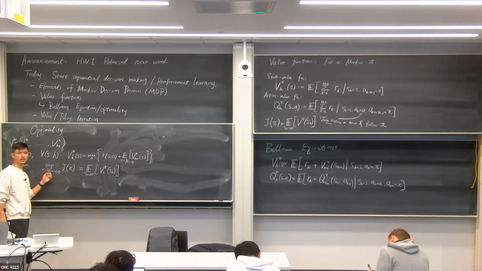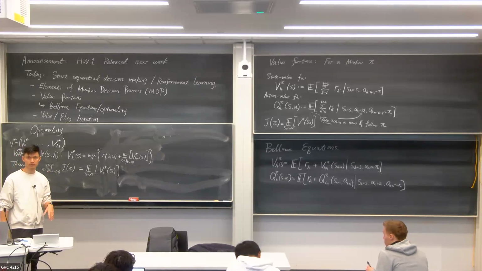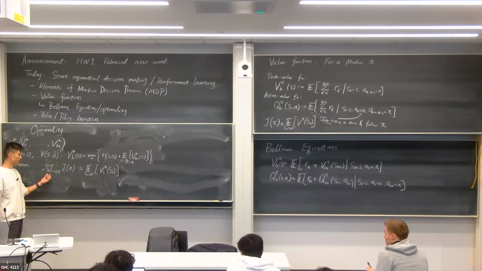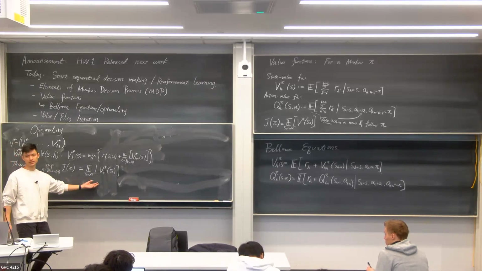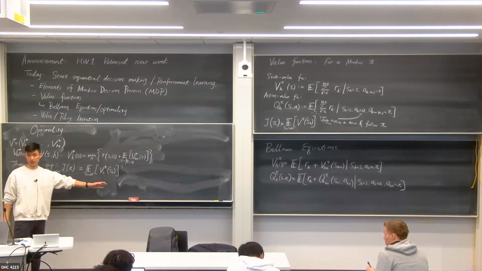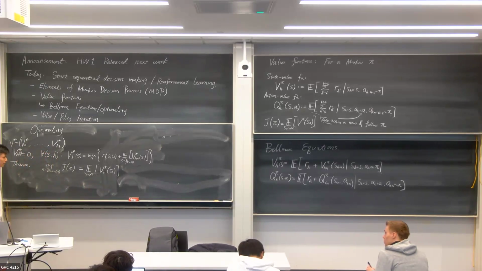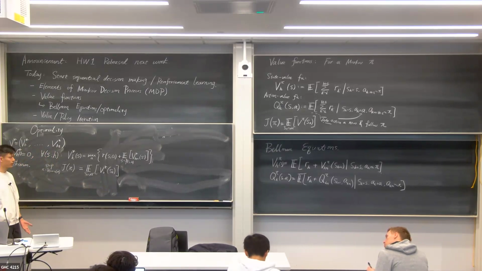This includes crazy policies that use the history in some funky way. But being crazy is not going to help. This statement is basically saying that being crazy about what happened in the past will not get you better values. There'll be a proof, but basically you're just using the Markovian property of the MDP.